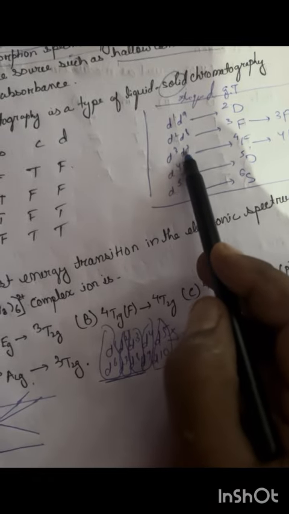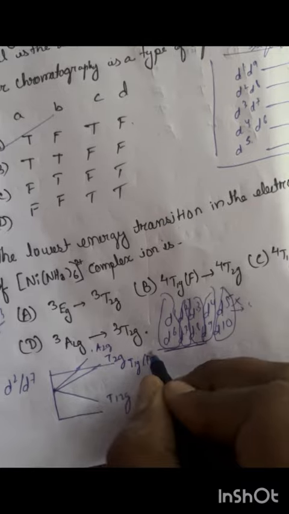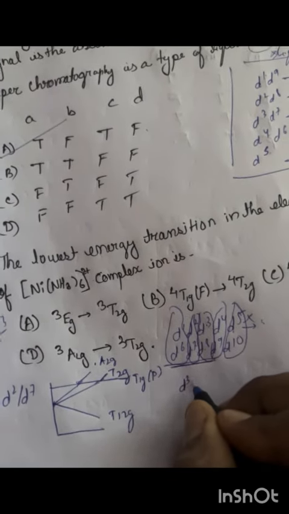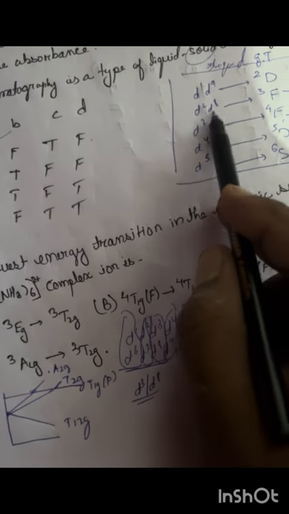See, d2 and d7: d2 is 3F, d7 also F, right? So for F there will be A2g, T2g, T1g, and this one T1g(P), right?